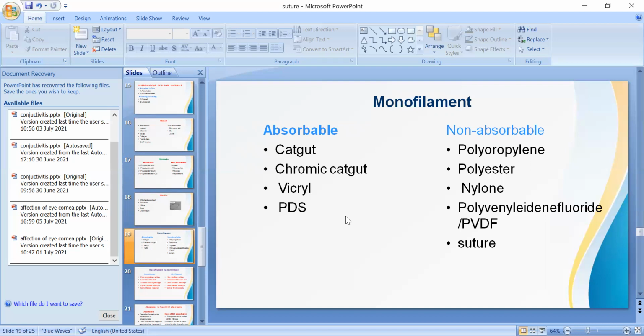These are the absorbable monofilament suture materials. And non-absorbable, there is polypropylene, polyesters, nylon, polyvinylidene fluoride, or PVDF.